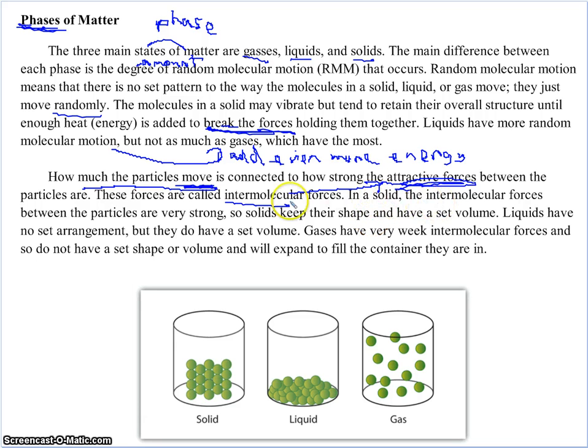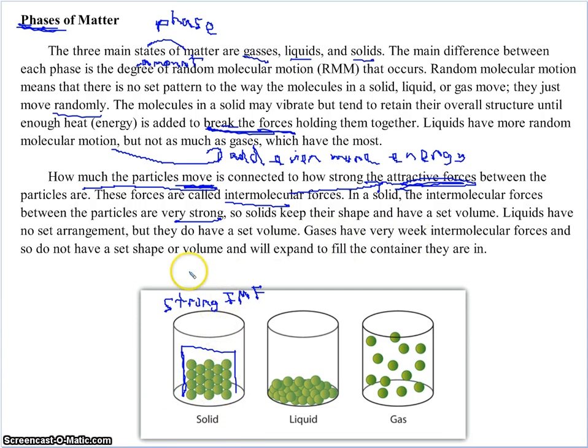In a solid, the intermolecular forces are very strong. I'll just say IMF, intermolecular force. So solids keep their shape and have a set volume. Here it has a set shape and it's not expanding.